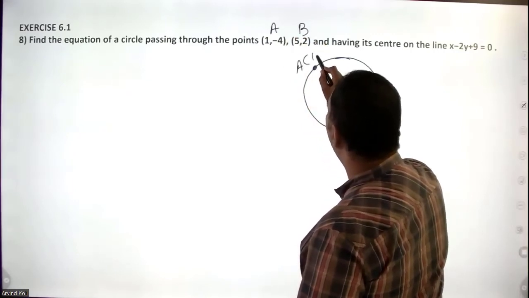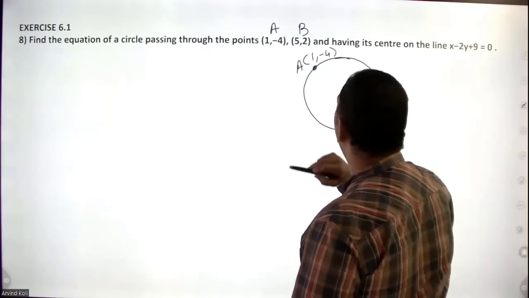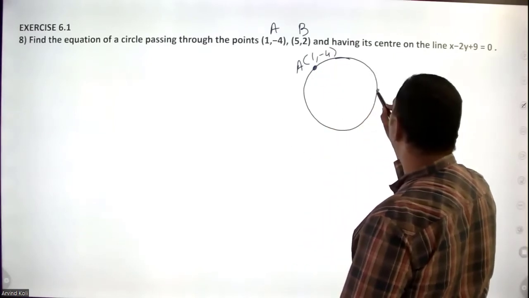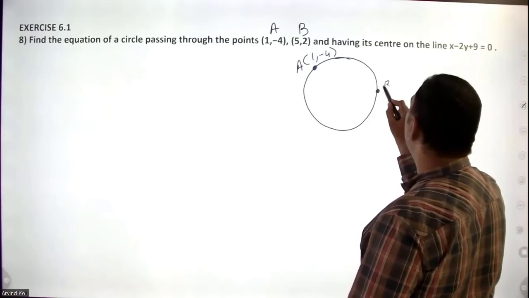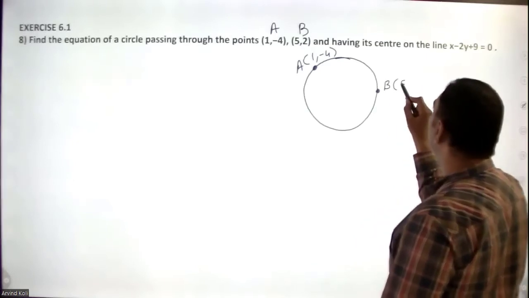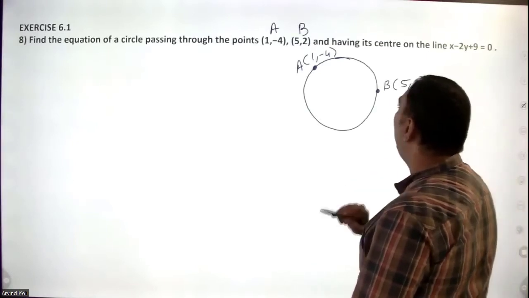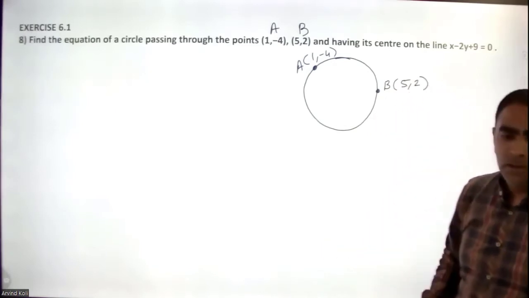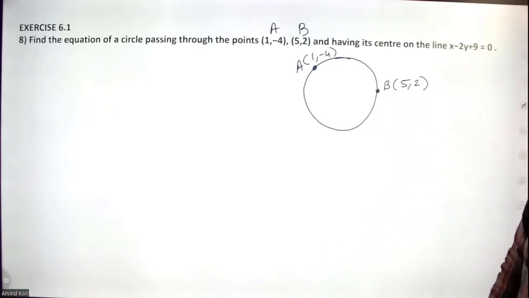A is 1, -4 and B is 5, 2. ठीक है. उसके अलावा हमें बोला गया है that there is a line x minus 2y plus 9 equal to 0. The center of the circle lies on the line.